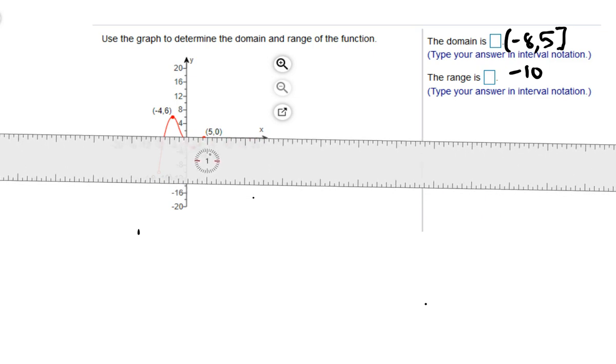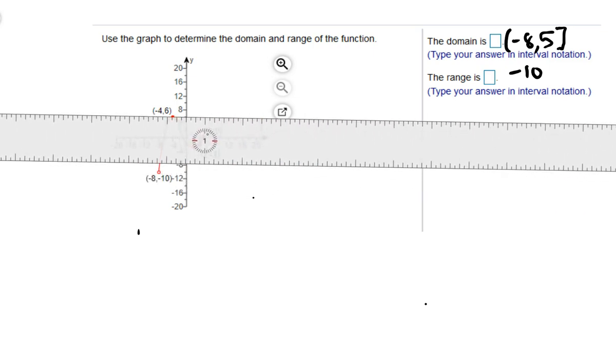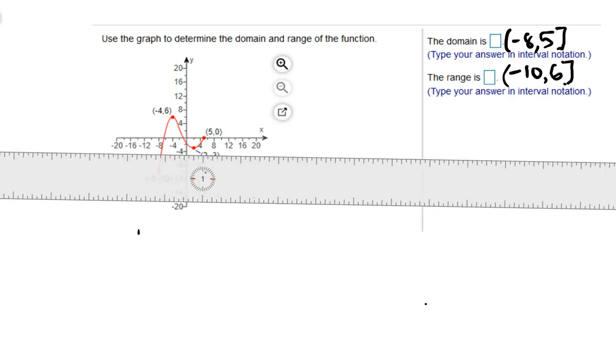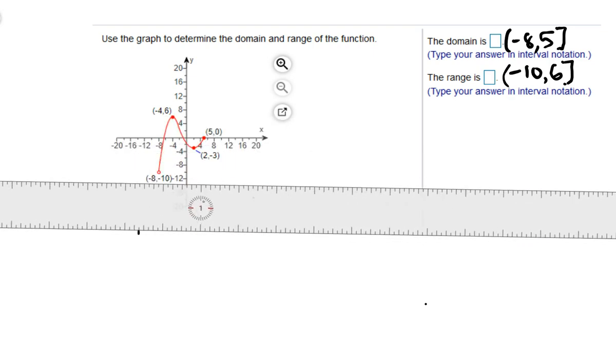Then keep going. The last time I hit the graph going vertically from bottom to top is at this y of 6. I'm going to put a bracket on the 6 and a parenthesis on the negative 10, and that's because we have an open circle on this one and a closed circle on this one.